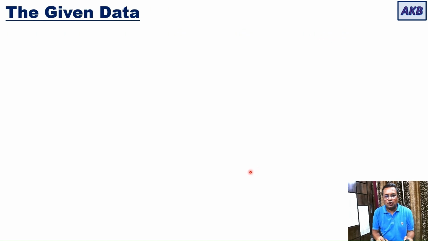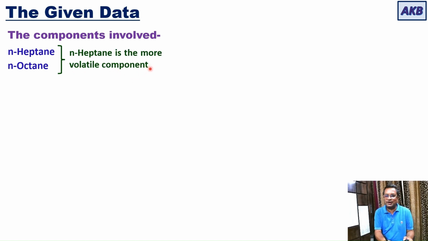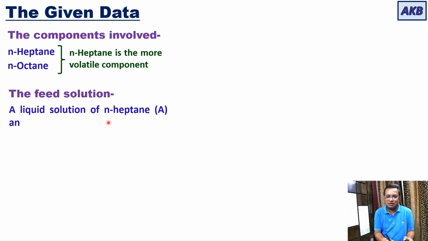So first of all, let us collect the given data. The components involved: you have two components, N-heptane and N-octane, and out of these two, N-heptane is the more volatile component. This information is provided to us. The feed solution is a liquid solution of two components. Of these, N-heptane we are going to denote by A, and N-octane we are going to denote by B. XF is provided to us, that is the mole fraction of A in the feed.